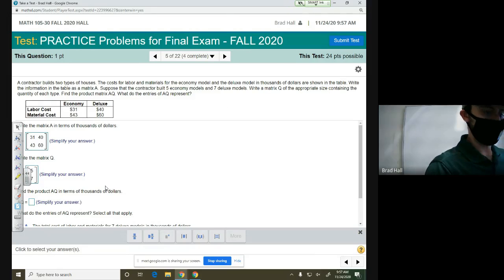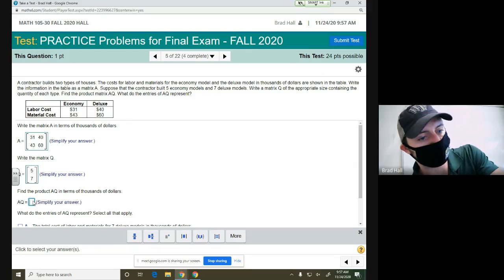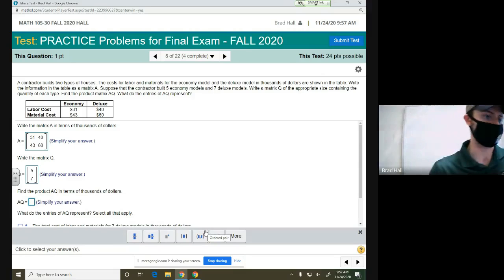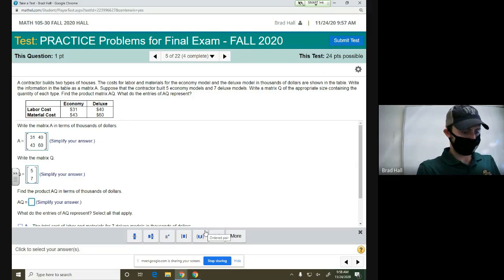So from here, they immediately want the product A times Q. So they want the product here. So this is when plugging each one of these matrices in your calculator will be helpful. I'll go ahead and do these right fast. 3140, 4360.